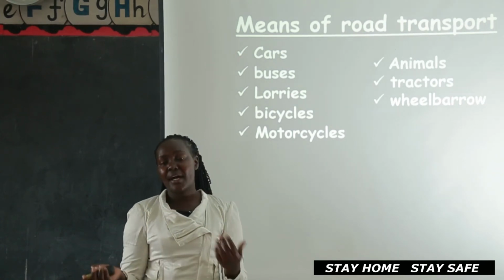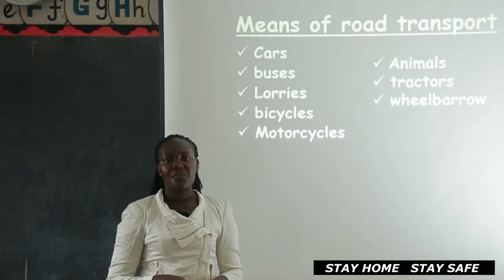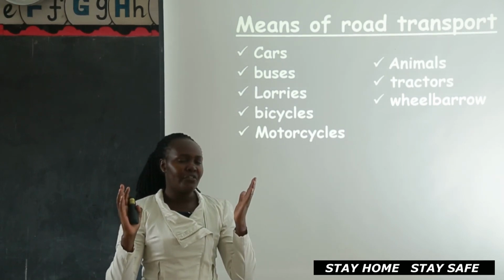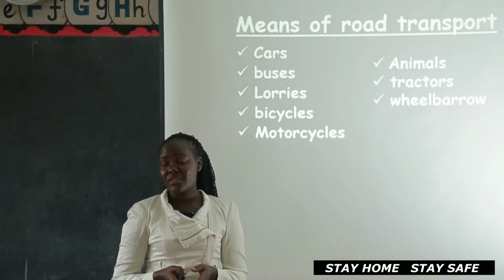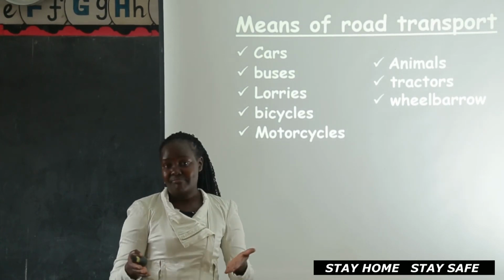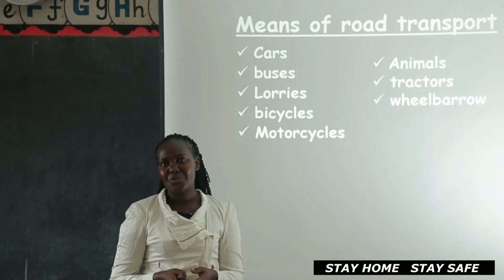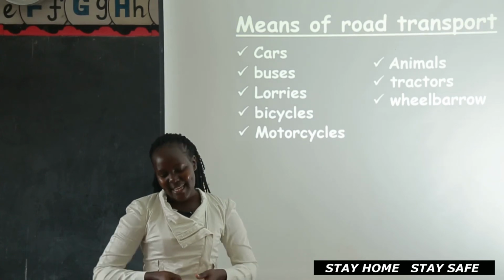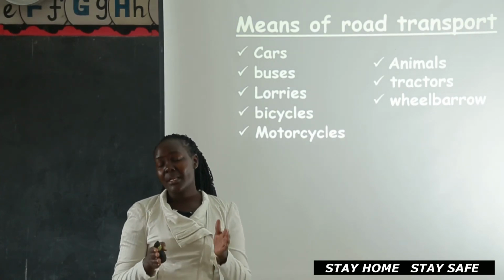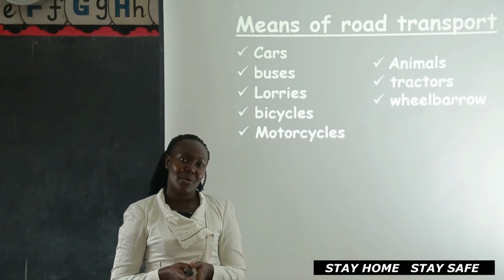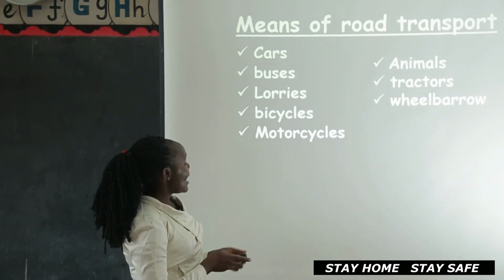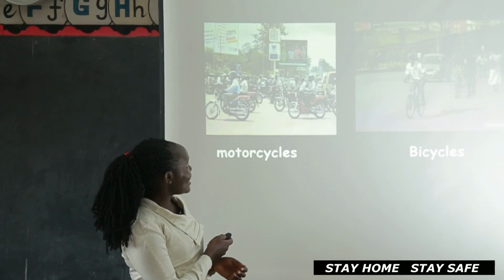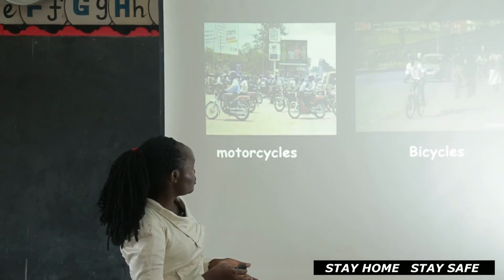When you want to go to the garden, carry your food, you feel you cannot carry that food on the head. It's somehow heavy. You can go with your wheelbarrow and you'll transport your food to your home. And definitely that wheelbarrow will have to move on a road to your home or to the garden. So these are some of the means of road transport.